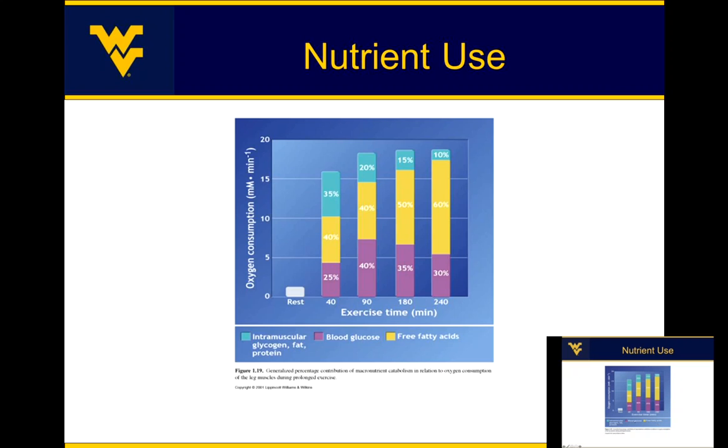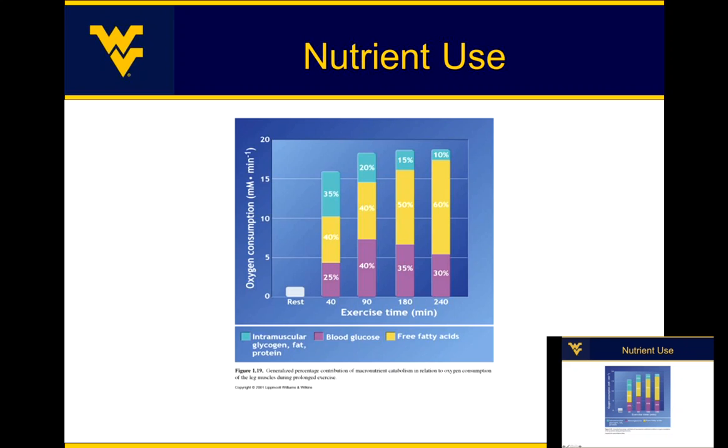The easiest way to keep this in mind is the longer you exercise, the more you rely on fat. You see how the yellow, the percent, goes up with time, while the intramuscular glycogen use is down. And in part, this is because it's getting used up.